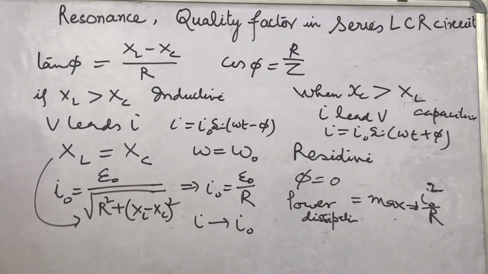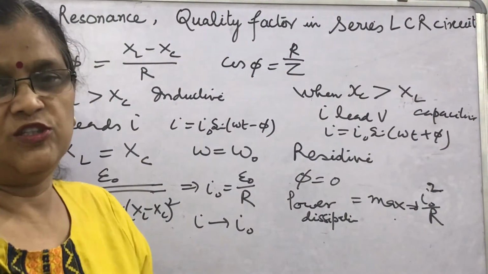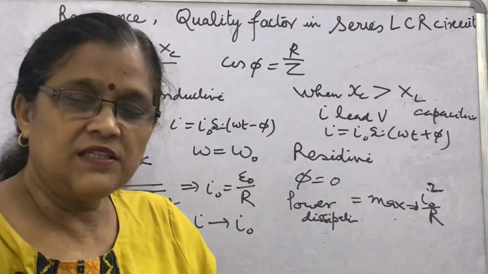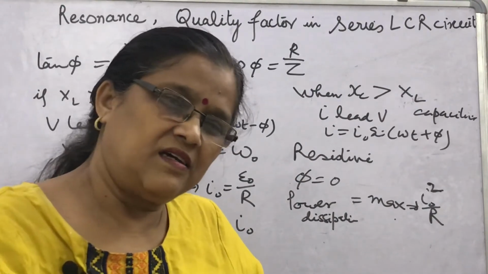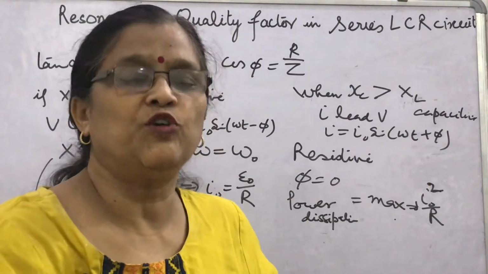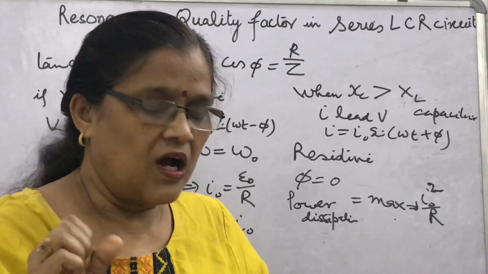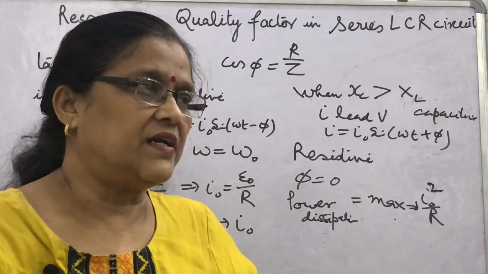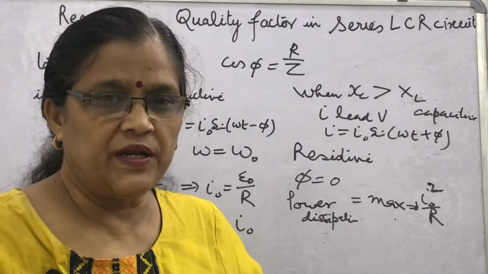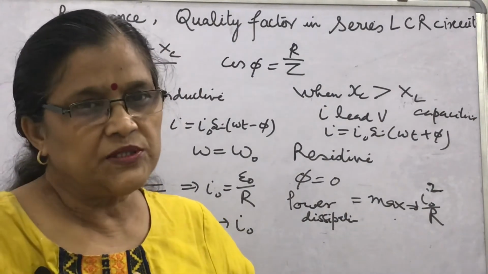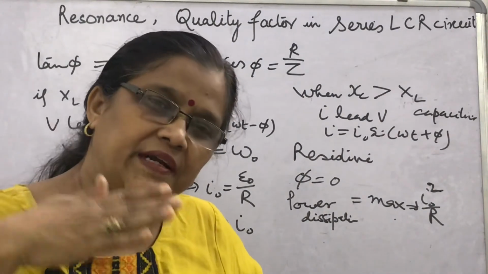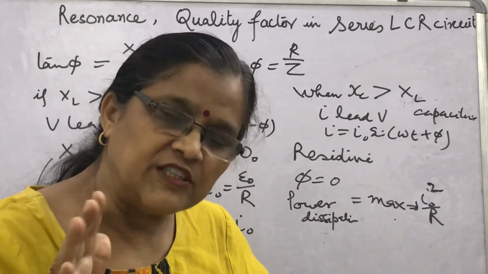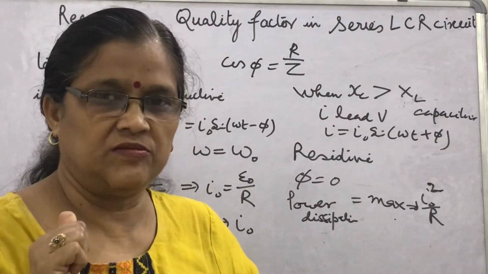Now what is resonance? As we have seen, it is an interesting characteristic of the series LCR circuit. How can you understand it? You can define that resonance is a phenomenon common among systems that have a tendency to oscillate at a particular frequency, that is called natural frequency.